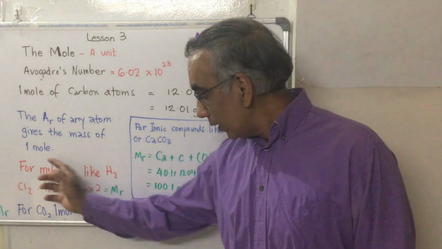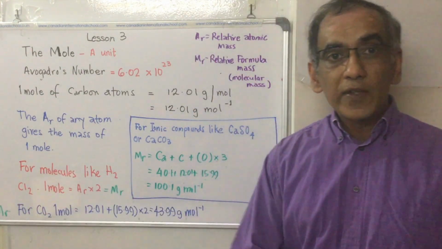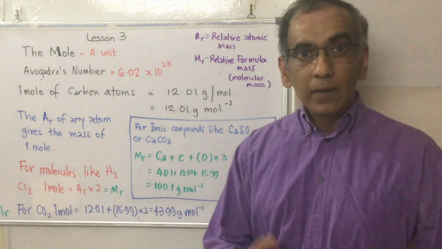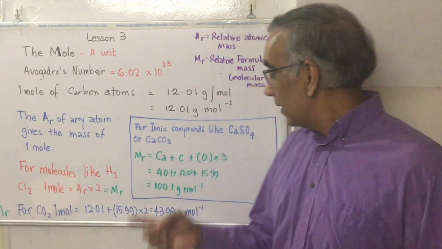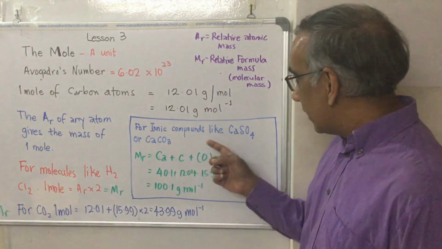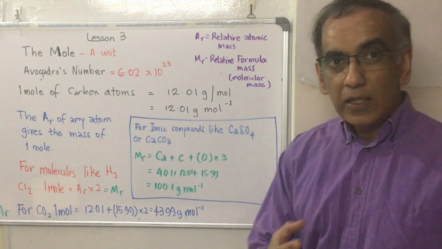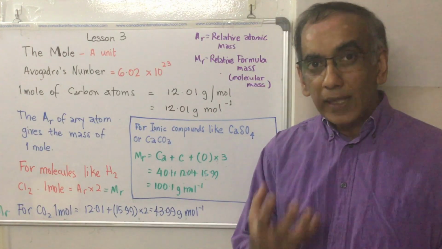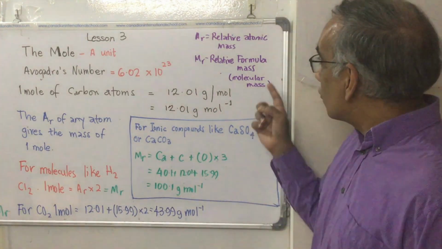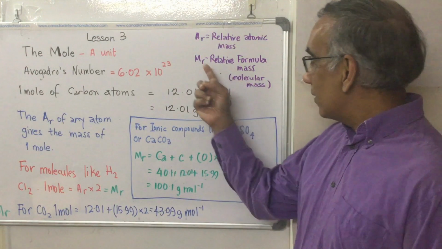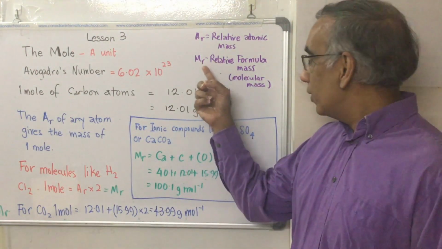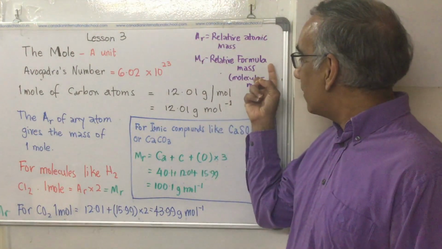These are all molecules. But what about if we have something that's a formula but not a molecule per se, like an ionic compound like calcium carbonate or calcium sulfate? In that case, we don't use the term molecular mass, but we say the relative formula mass. We use the same abbreviation, but we use the term the relative formula mass.